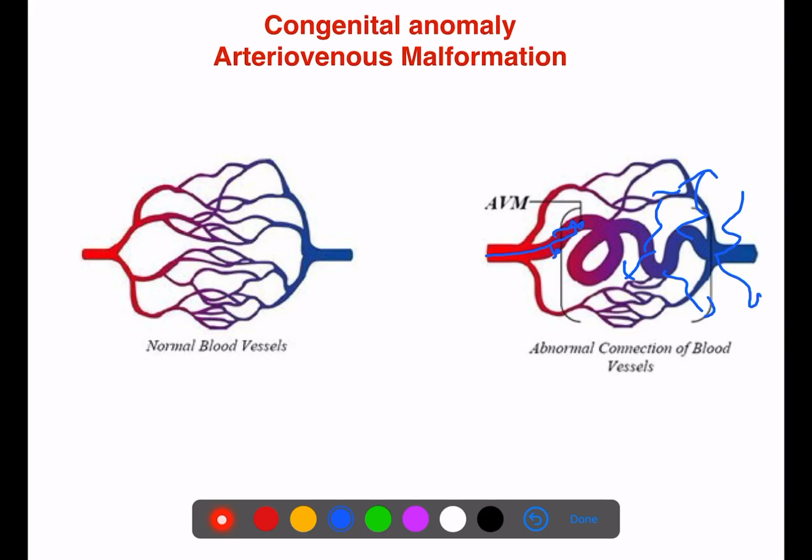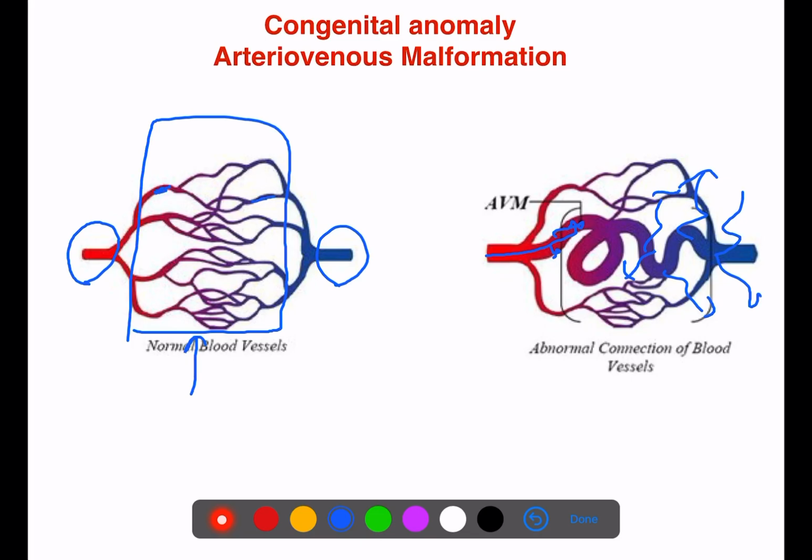In the normal situation, the artery and the vein meet in a capillary structure. Within the capillary structure, the pressure within the lumen is equal between vein and artery, and there is no problem in the normal structure.